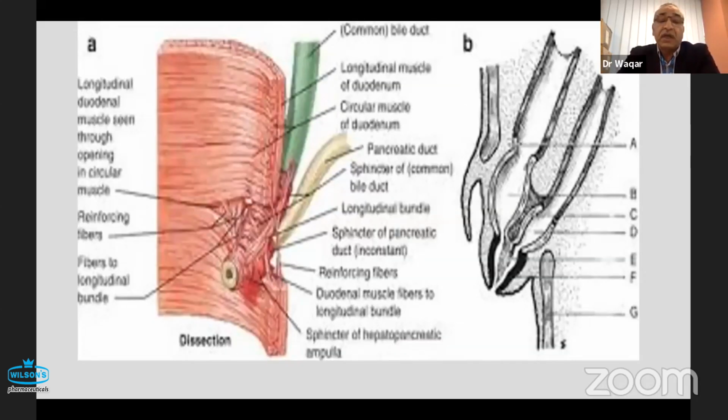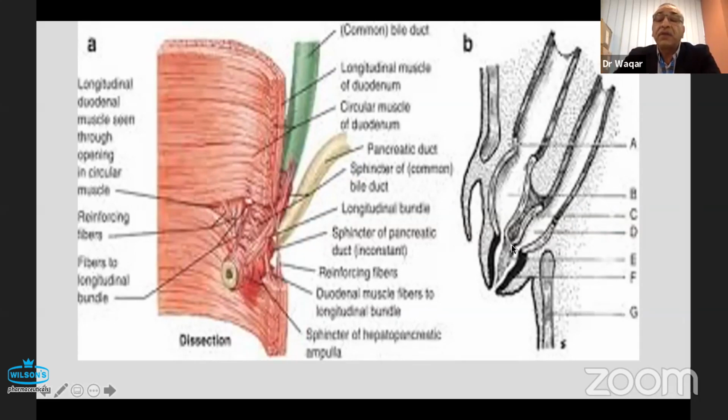This is a diagrammatic representation of the ampulla of Vater, and you can see it's a dilated structure with the common bile duct and pancreatic duct joining together. Sometimes they join and empty into a common chamber.